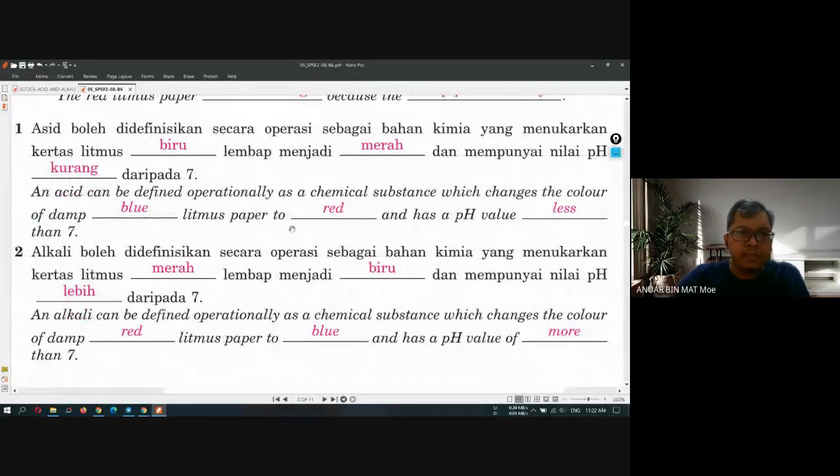Acid can be defined operationally as a chemical substance that changes the color of damp blue litmus paper to red and has a pH value less than 7. How about alkali? Alkali changes the color of red litmus paper to blue and the pH value is more than 7. Is it okay?